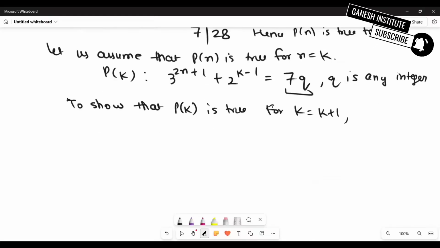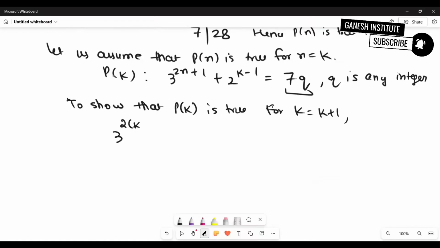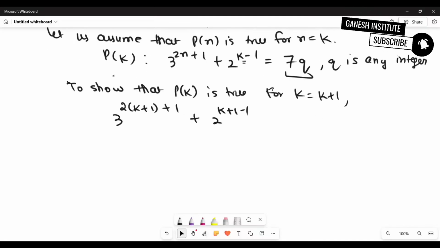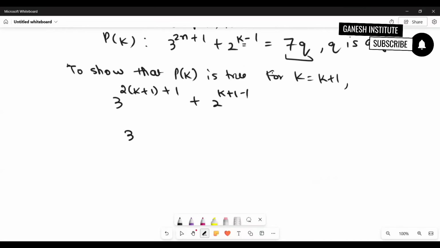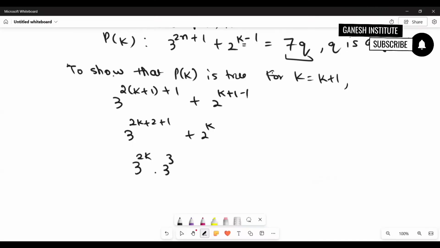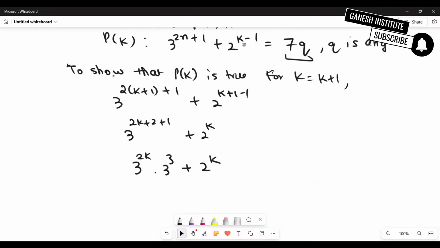So on the left hand side, I'll substitute k plus 1 in place of k, and I'll bring that 7 times something. So let's see, 2k plus 2 plus 1, and this is 3 raised to the power 2k plus 3, so 3 raised to the power 2k plus 1 into 3 squared. What else can be done here? If I have to make it 7, then I have to take something common also.